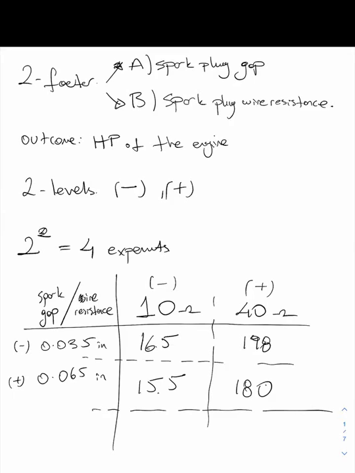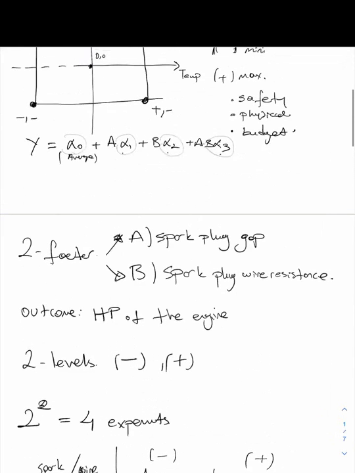Okay, so now this is a standard sort of DOE experiment that you would do, and you get 4 different measurements. And now the goal here is to find these alpha 0, alpha 1, alpha 2, and alpha 3. These are also effect sizes for each.